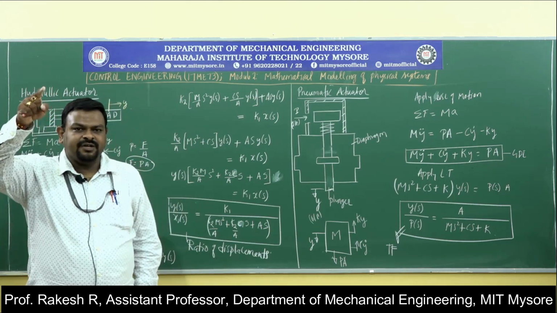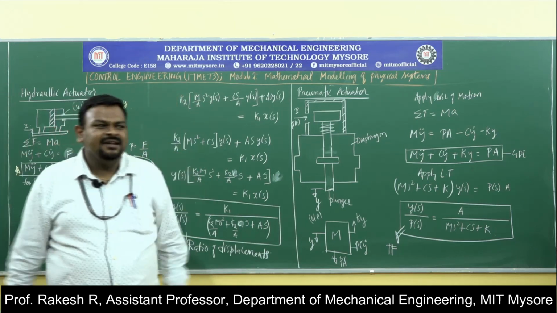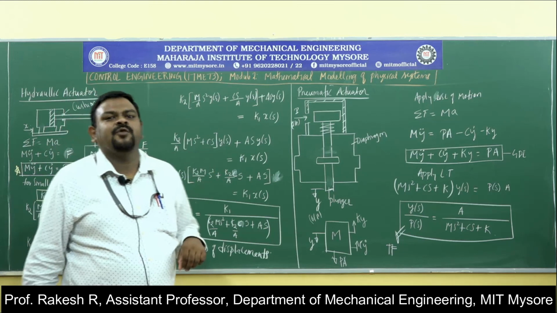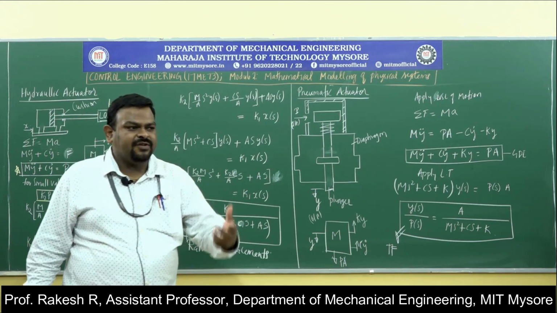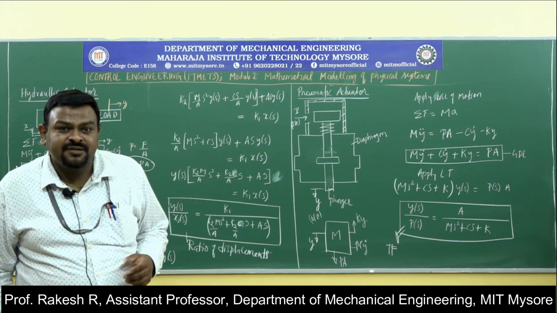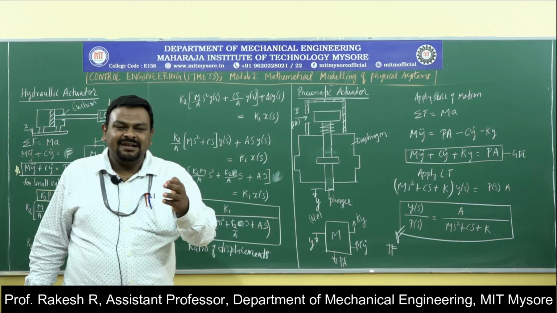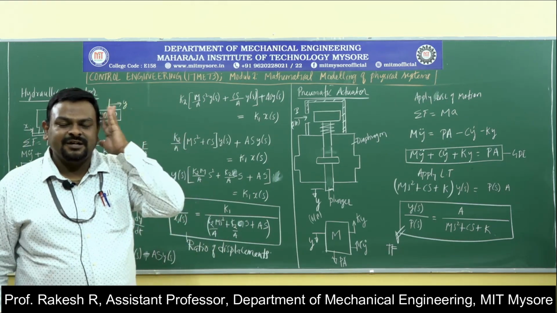In translation, equation for force. In rotation, equation for torque. After that, electrical systems. Electrical systems, we have solved 4 problems. Electrical systems, we will be using KVL. Then after that, electromechanical systems, combination of electrical and mechanical systems. In that we will be using KVL as well as force voltage analogy.